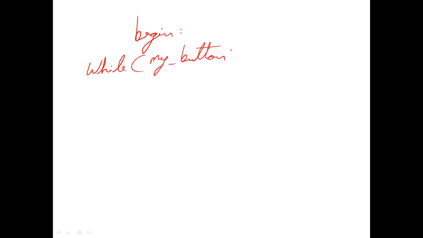Now we will see how we can begin. Now, WHILE my_button is equal to 0, WEND, and so the control will keep on moving in this while loop until my_button becomes 1.